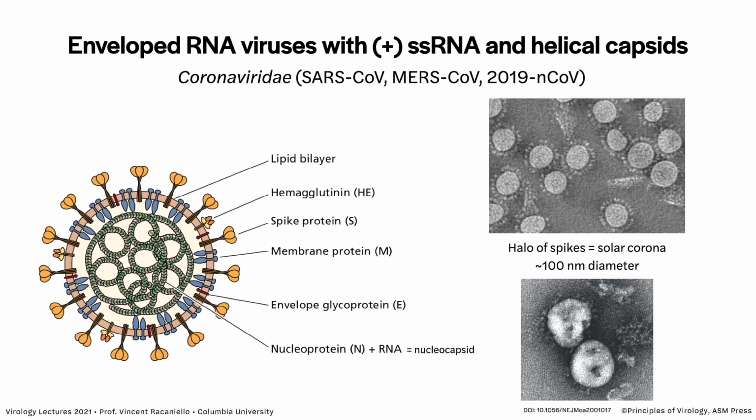Now, there are some envelope viruses with plus single-stranded RNA and helical capsids, and one of them are the coronaviruses, which include SARS-CoV-1, the original one in 2003, MERS coronavirus, and, oh, look, I have the old name here. These are all enveloped, they have plus-stranded genomes, and they have helical capsids.